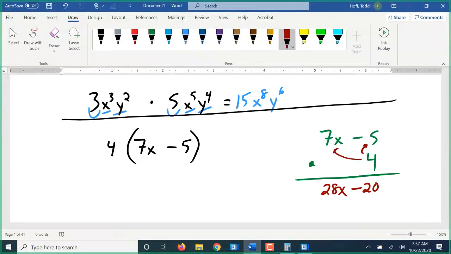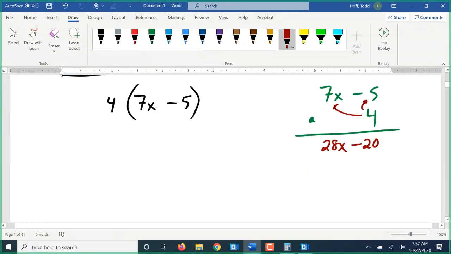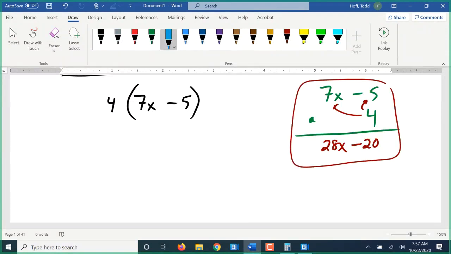Most of you, if you took algebra, probably learned a shortcut for this called distributing. And distributing is nothing more than just a shortcut for this long multiplication. In order to avoid having to rewrite it and being able to just do it right in its own space like this, we distribute. So we take this number out front in front of the parentheses that we're multiplying by, and we take each digit inside the parentheses times that. 4 times 7x is 28x. 4 times negative 5 is negative 20.